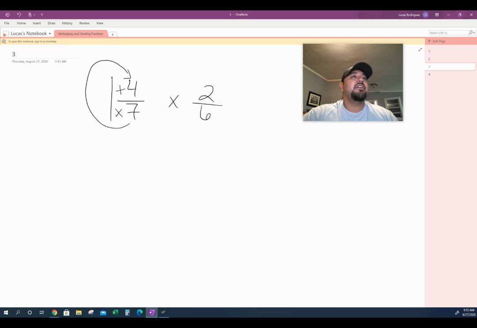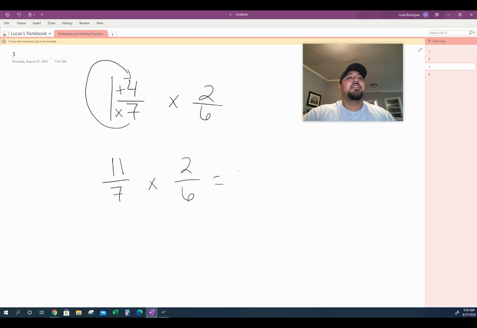So I start here and I'm working my way here. So it's 7 times 1 is 7, plus 4 is 11, and I keep the same denominator. Multiplying fractions, we multiply across.